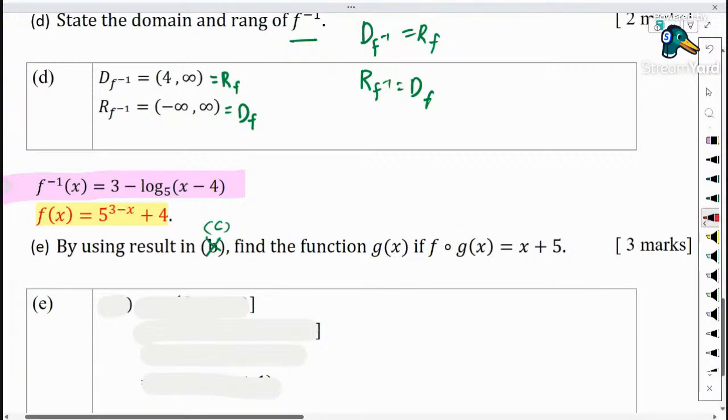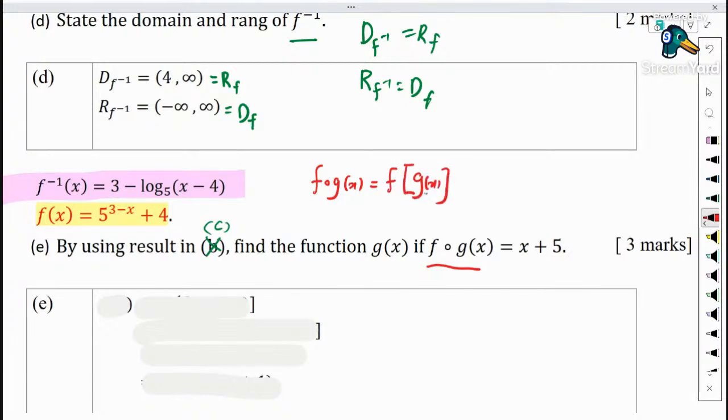I would like to interpret this composite in the way that F composite G is written in this form here, where we substitute function G into function F, where this one is given in the question, the other one we find by ourselves. We do the calculation by ourselves, and then from there we get the answer.